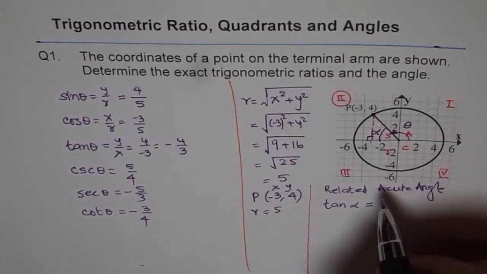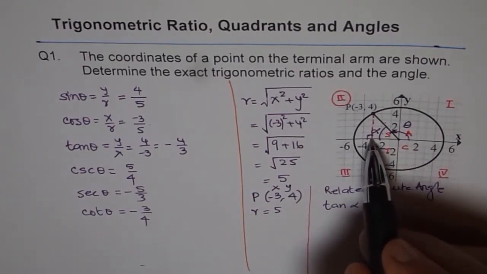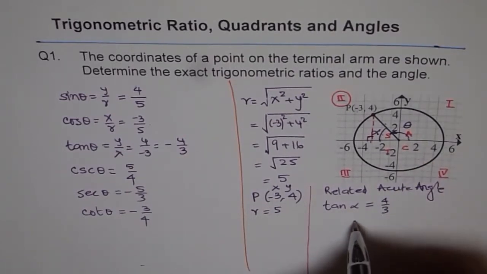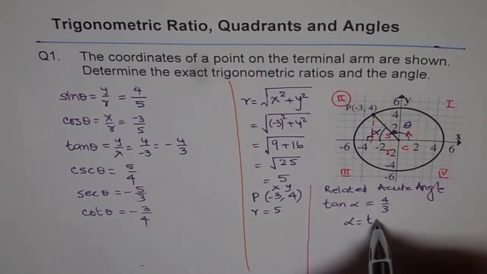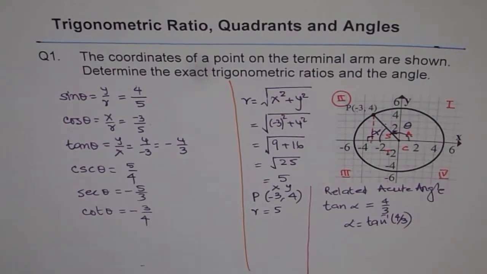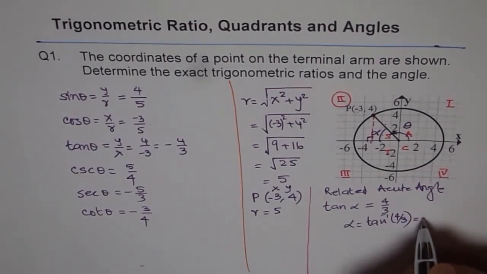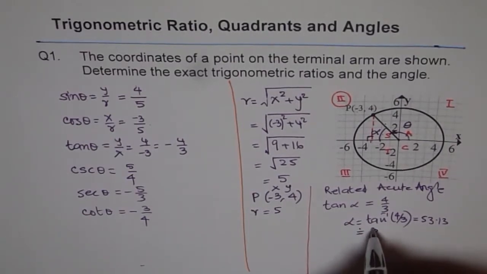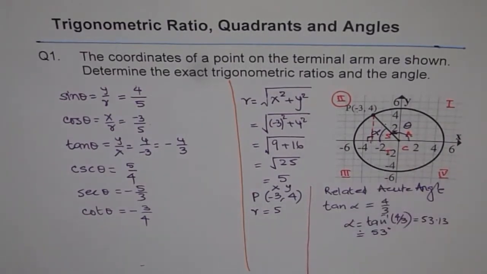Tan alpha is equal to 4 over 3, so alpha is equal to tan inverse of 4 over 3. Using the calculator, we get 53.13. Let's round it to 53 degrees. So the related acute angle is 53 degrees.